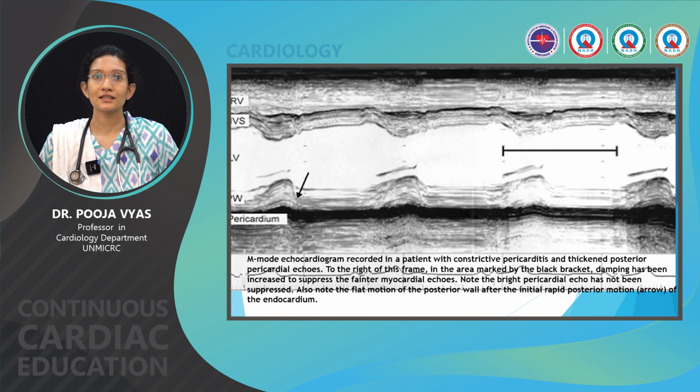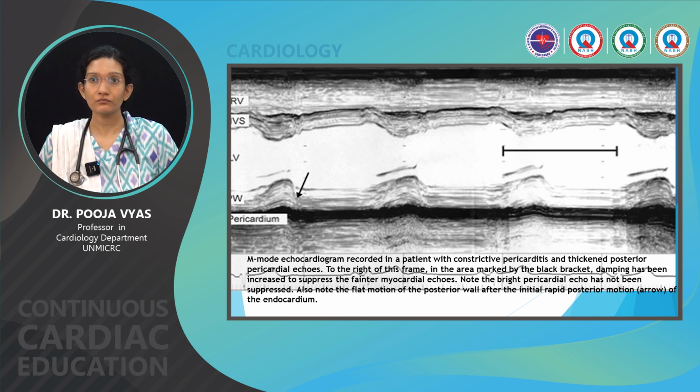So this is an M mode image, and here there is one area marked by a black bracket, where damping has been increased to suppress the fainter posterior myocardial echoes, but the brighter pericardial echo cannot be suppressed. If we cannot suppress this pericardial echo, it suggests constrictive pericarditis.